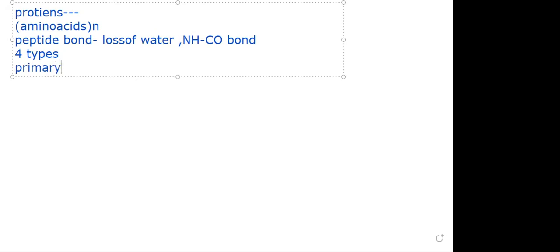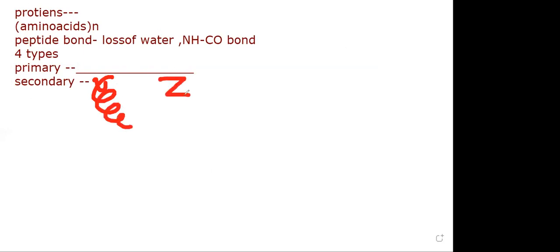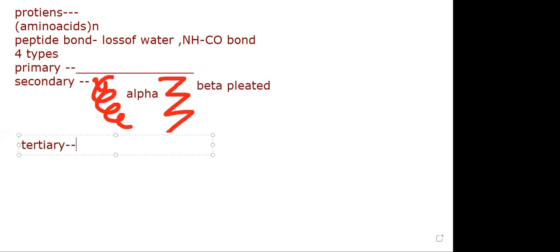They are primary protein, which is linear in nature. Secondary protein, which has an alpha helix and a beta pleated structure. This is called alpha helix and this is called beta pleated structure.